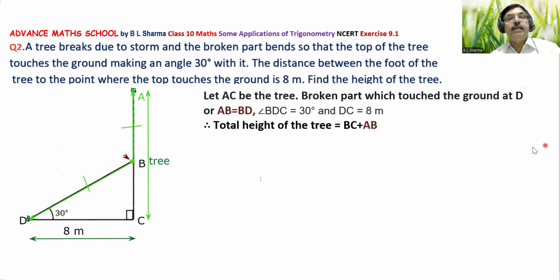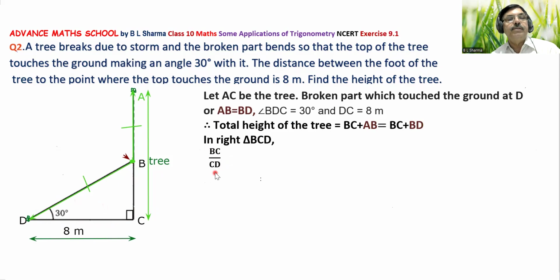Total height of the tree is BC plus AB. But AB is equal to BD. So in the right angle triangle, first we will find out BC. This acute angle is 30 degrees. So BC is perpendicular, CD is base.